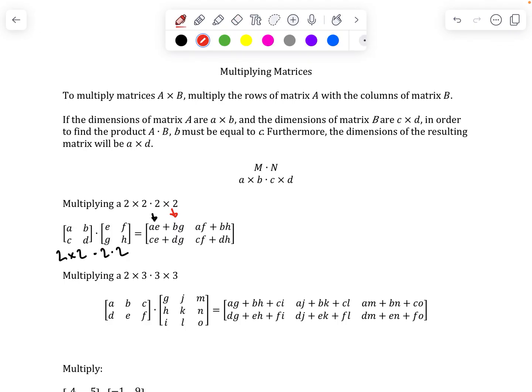For the second one, you have the first row multiplied by the second column. So A times F plus B times H, etc.